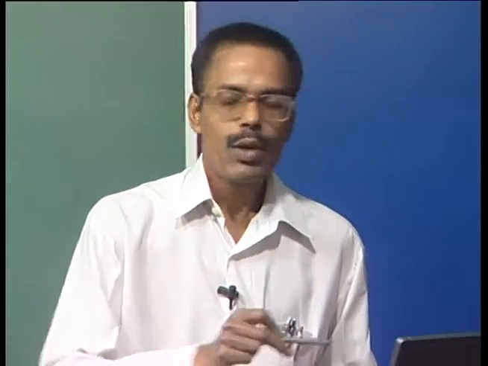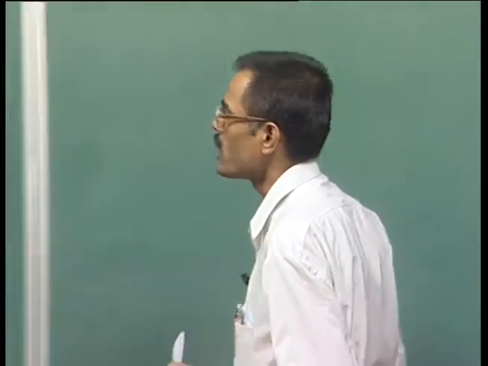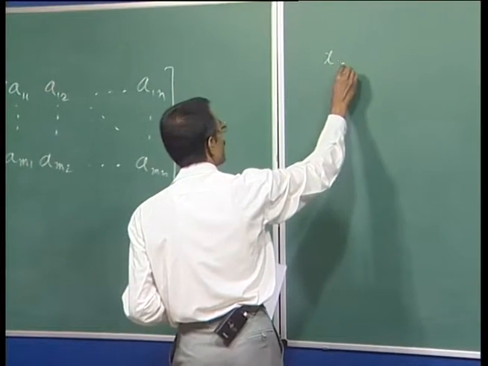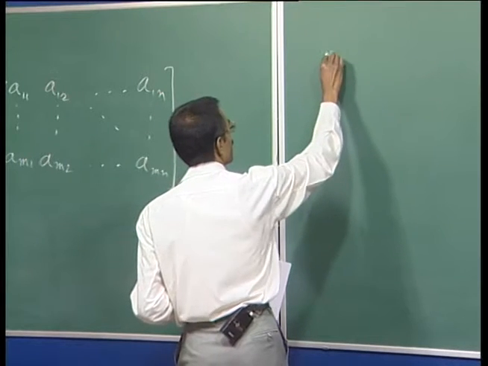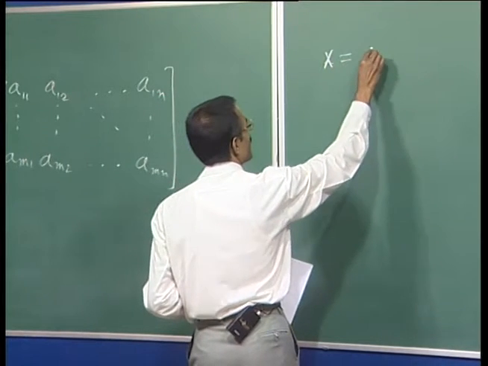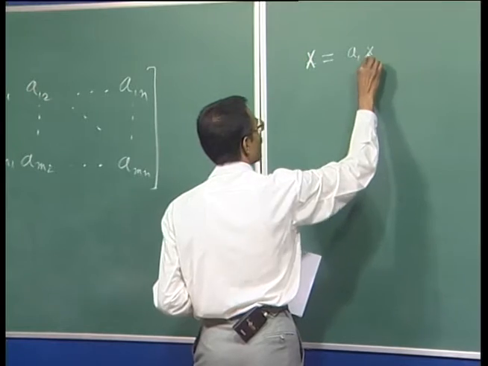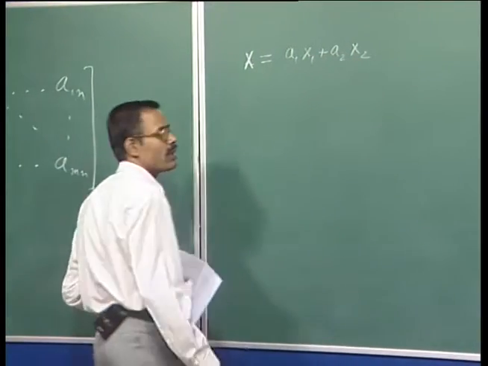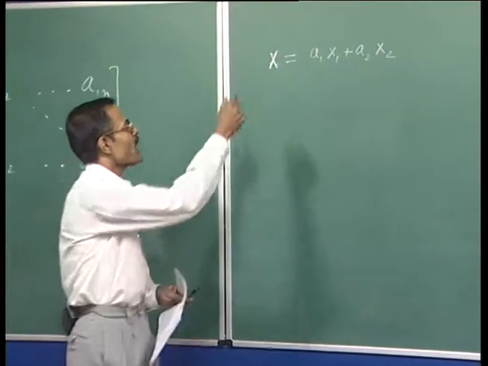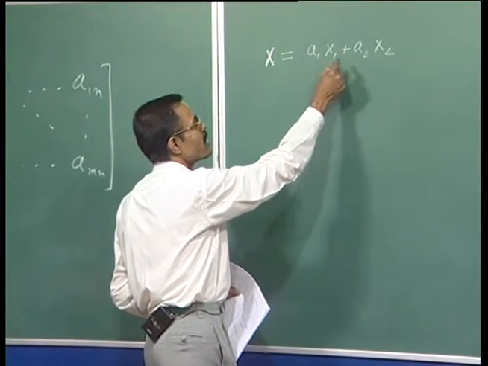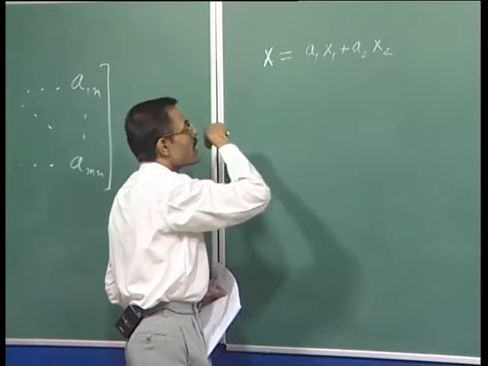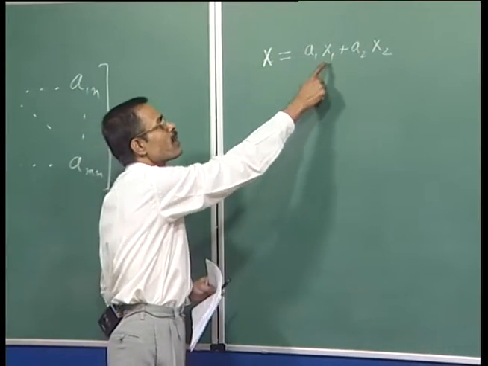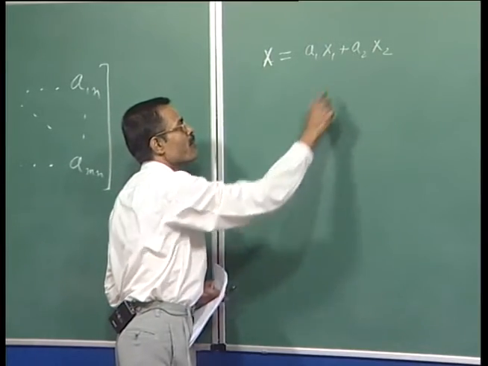So, the simple straightforward idea of linear dependence and independence is that if a vector x can be expressed as a linear combination of several vectors like this, then in such a situation we say x is linearly dependent on x1 and x2, which means that x can be formed by a linear combination of x1 and x2.